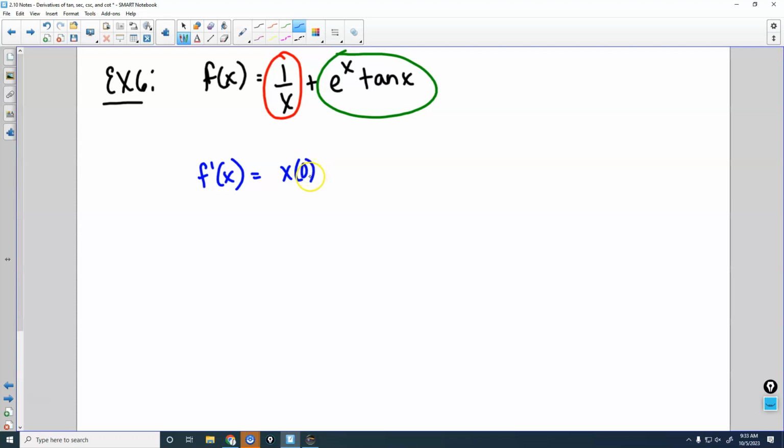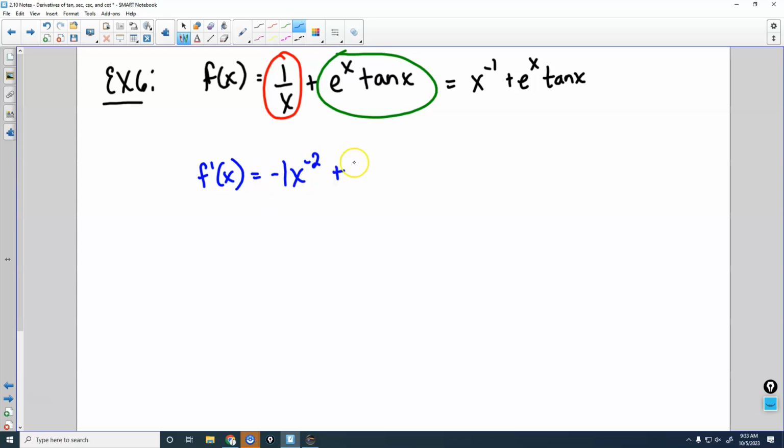Actually, no. Do I have to use quotient rule for that? Back up. How else could I write this so I don't have to use quotient rule on that? x to the negative 1 plus e to the x, tangent x. Oh, that makes it a little bit easier, right? So now I can just use power rule. So I've got negative 1 x to the negative 2.